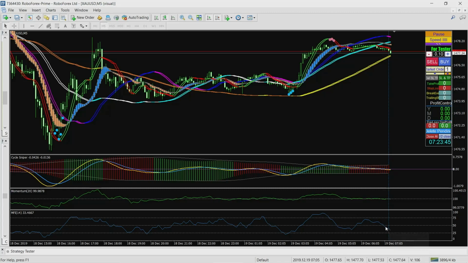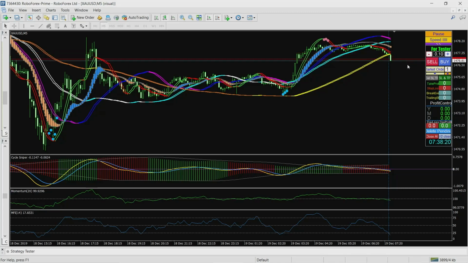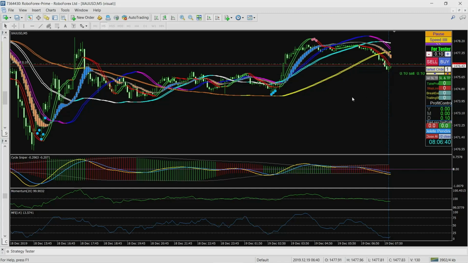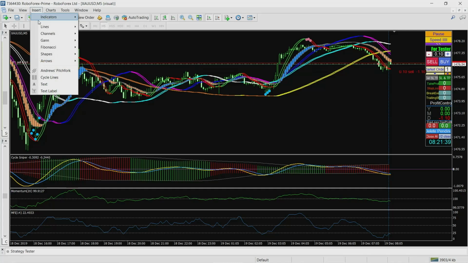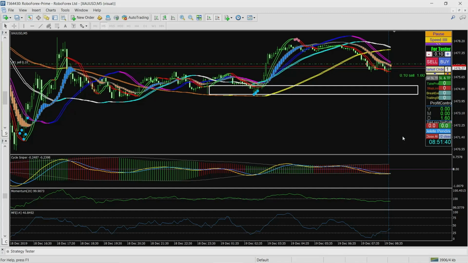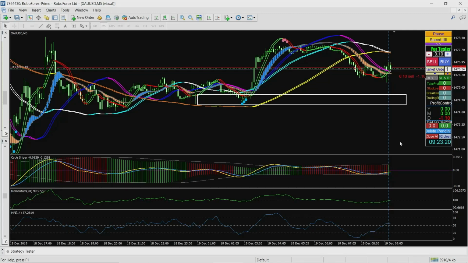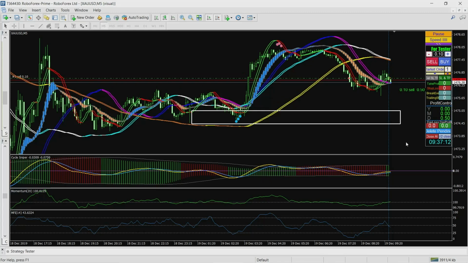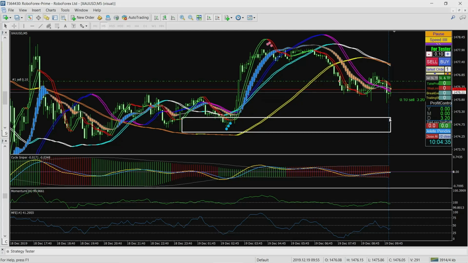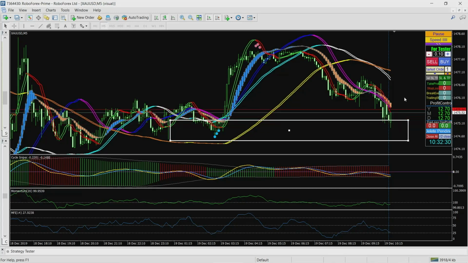Money Flow Index is below 50, but momentum still didn't confirm it. Then our target zone, our stop loss.